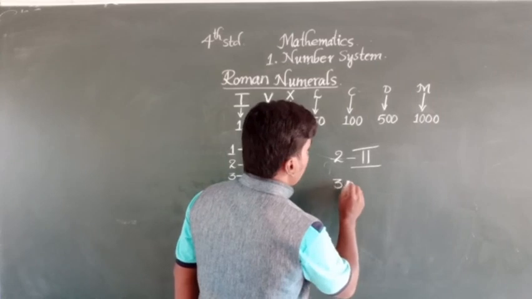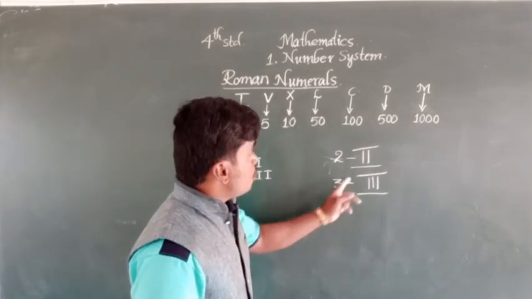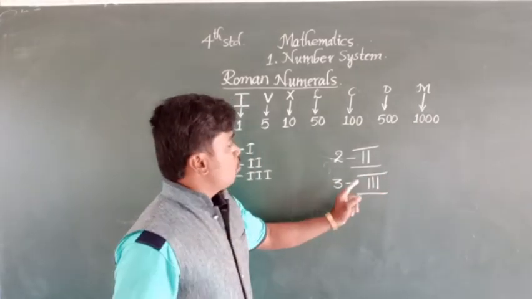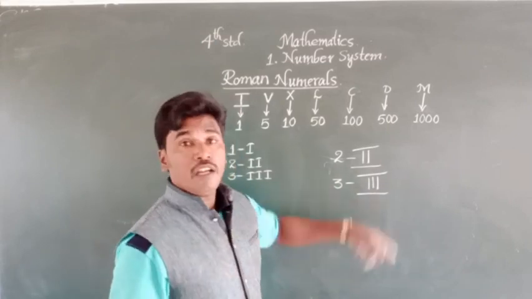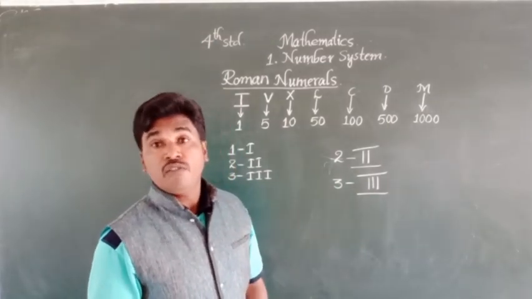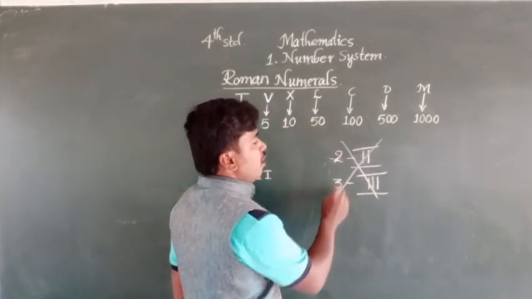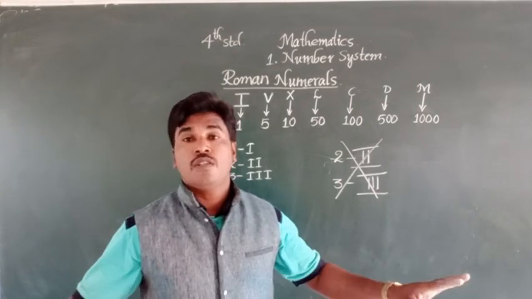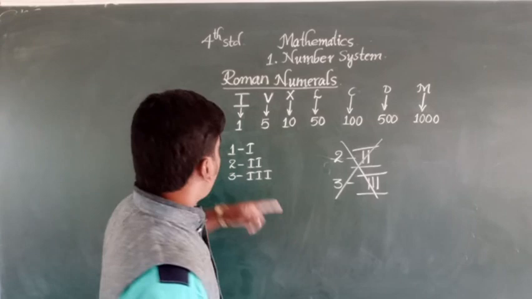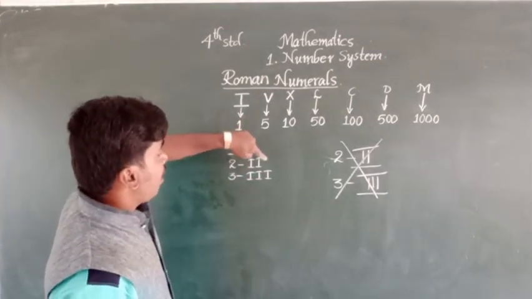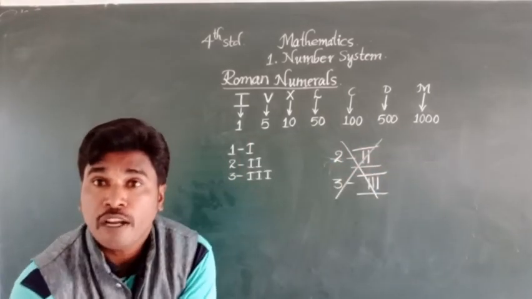Or for 3, you write three lines. Dear children, you should not write it like this at any cost. The correct way is: 1 is I, 2 is II, 3 is III. In this way only you should write it.